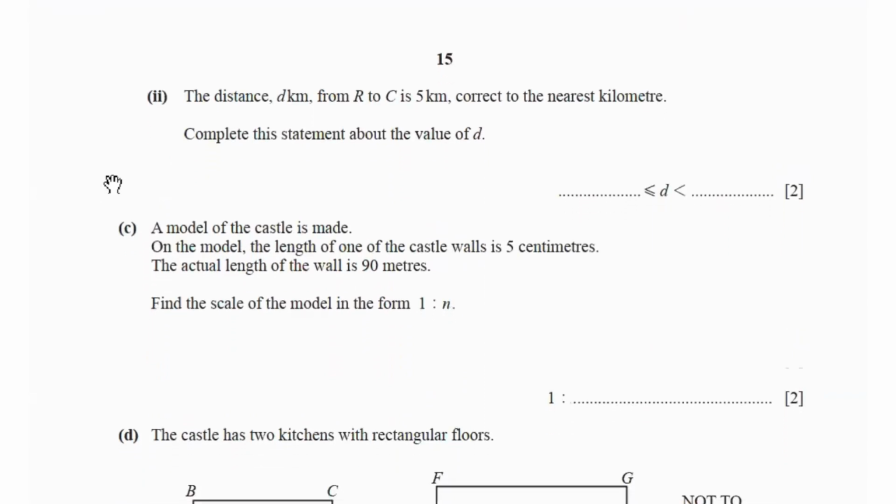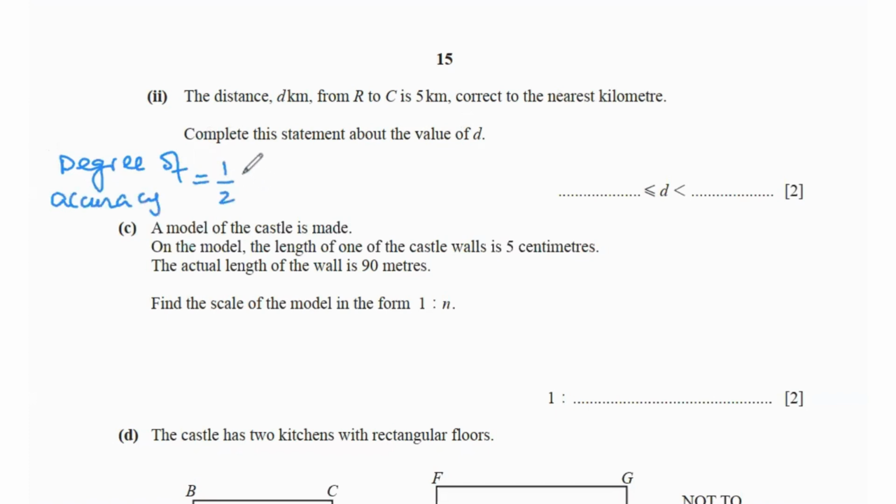Next part says that the distance d kilometers from R to C is 5 kilometers, correct to the nearest kilometer. Complete the statement about the value of d. So 5 kilometers correct to the nearest kilometer means the degree of accuracy is 1 divided by 2, which is 0.5.